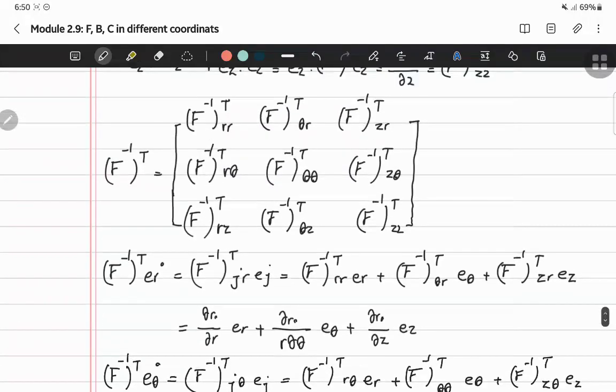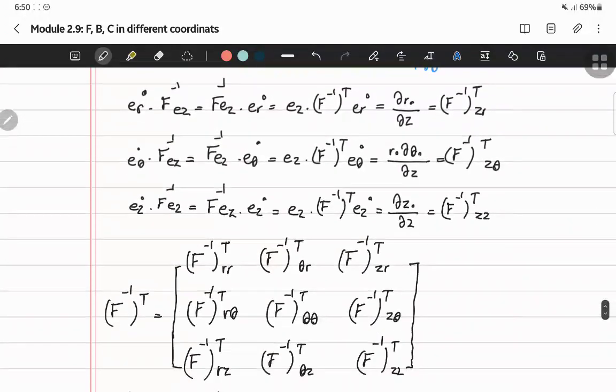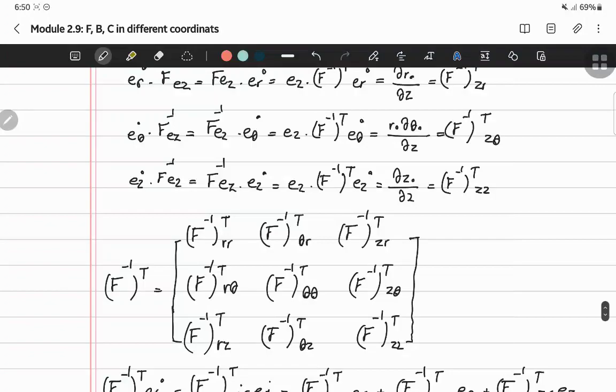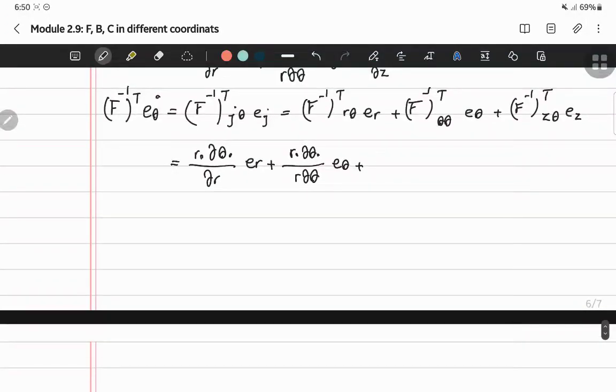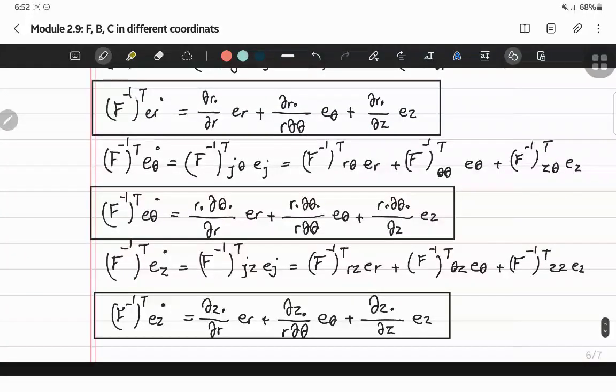And then we have F inverse transpose Z theta, which is this one, R0 theta 0. So I will pause the video and find F inverse transpose EZ0. So now we have the equations for F inverse transpose ER0, E theta 0, and EZ0.